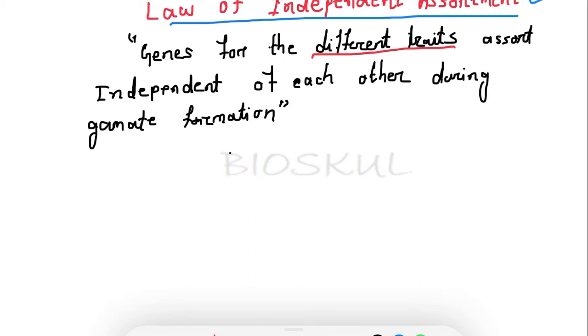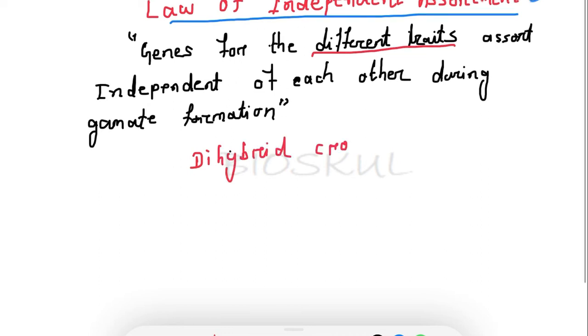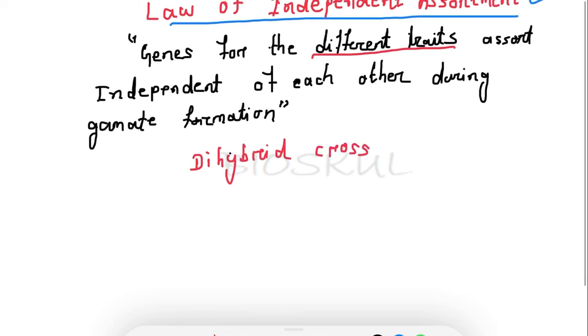So is it a monohybrid cross or a dihybrid cross? Yes, you are right. It is about the dihybrid cross. In a dihybrid cross, two different traits are studied. In a monohybrid cross, only a single trait is studied.